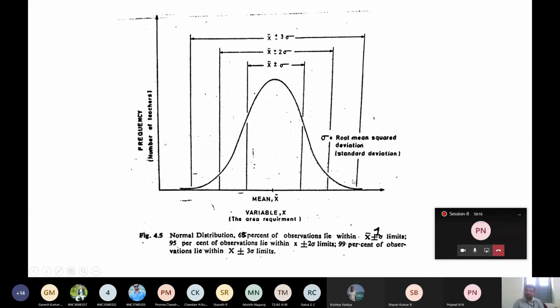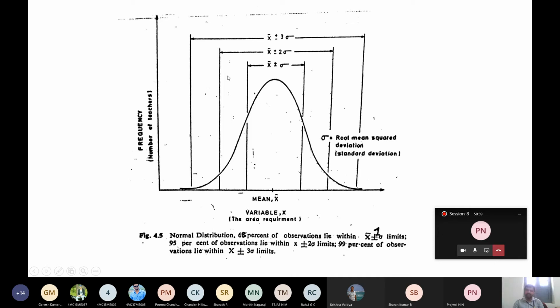Based on this, the graph will be bell shaped. If it is a normal distribution curve, then you can go for applying sigma. If you satisfy the range of plus or minus 1 sigma, you are able to satisfy 68% of teachers.